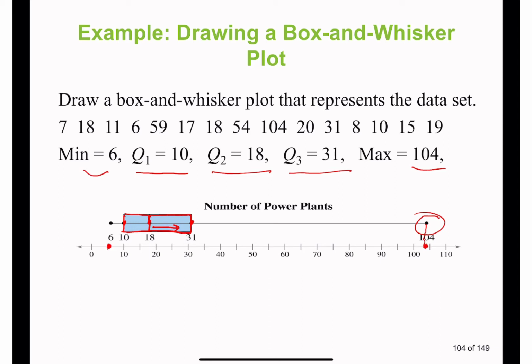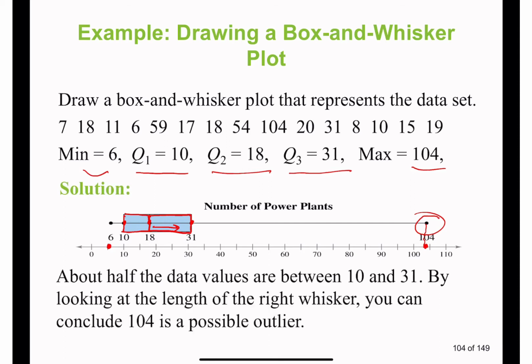Okay? About half of the data values are between 10 and 31, and indeed, this is 10, this is 31, okay? And 104 is a possible outlier, I already told you.